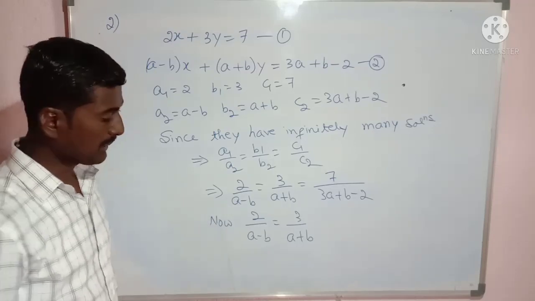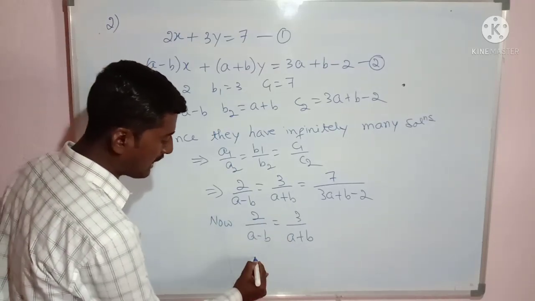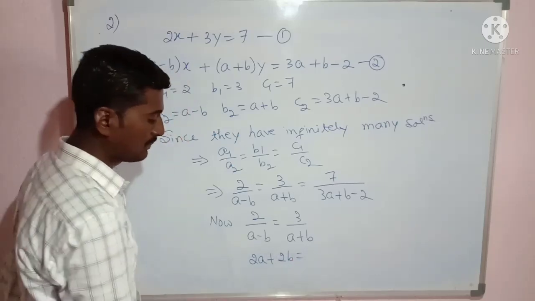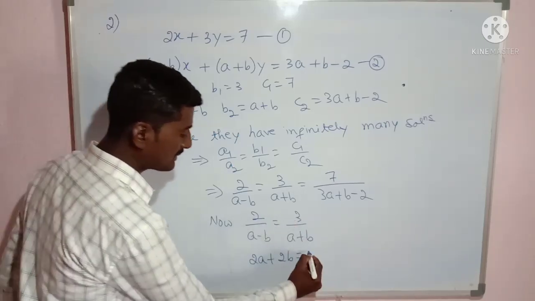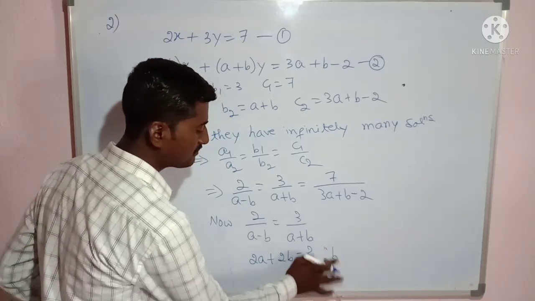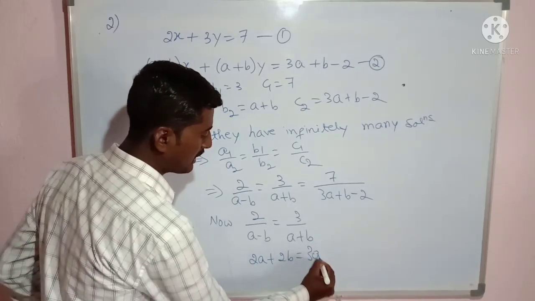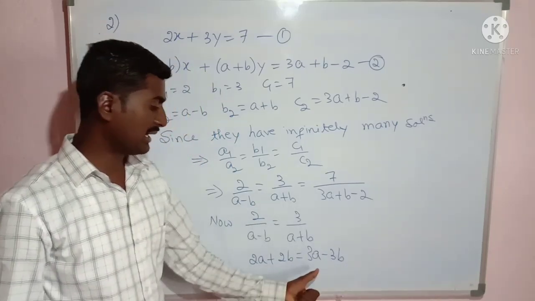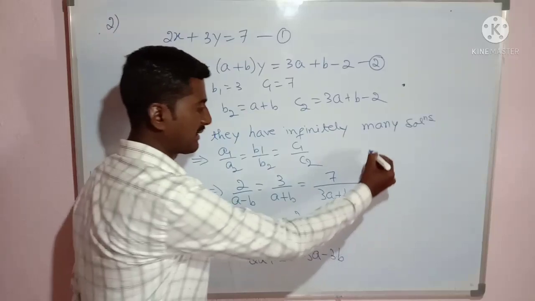Now, by cross multiplication, this will become 2a plus 2b is equal to 3a minus 3b. Right? Now, I will take it to one side.